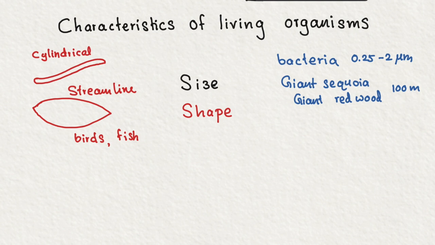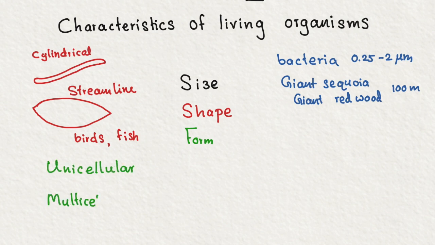Then if we talk about the form, there are unicellular and multicellular organisms. An example for a unicellular or a single cell organism is amoeba.